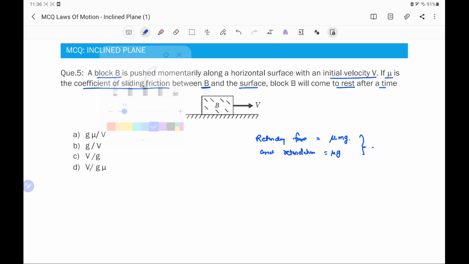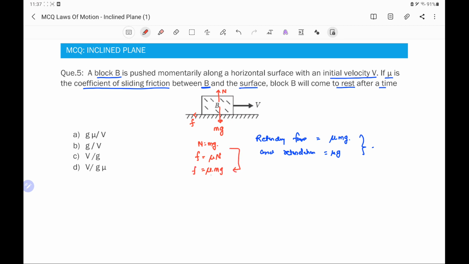This can easily be calculated as, this is the block which has mass m, so weight due to gravity acts downward, and because of this weight, the block will experience a normal reaction force and N will be equal to mg. And the push is given on the right hand side, so there will be a friction force F in the opposite direction, and this friction force will be equal to mu N, which is mu into mg from the first equation.